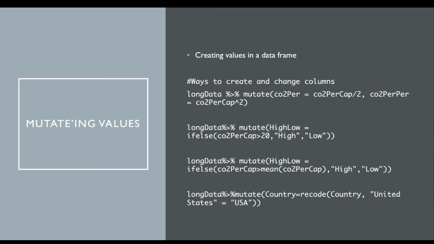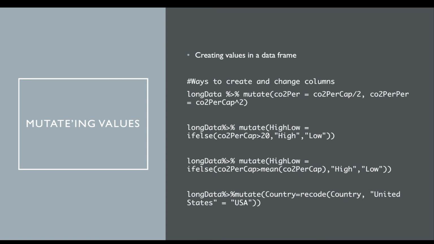The condition is if else. We are evaluating whether CO2 per capita of a specific row is greater than 20. If it is, it is considered high, else it is considered low. And so the high-low column in the new data frame is going to have values of high or low based on whether CO2 per capita in that row is greater or less than 20.